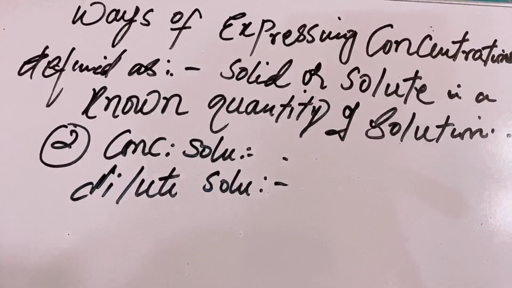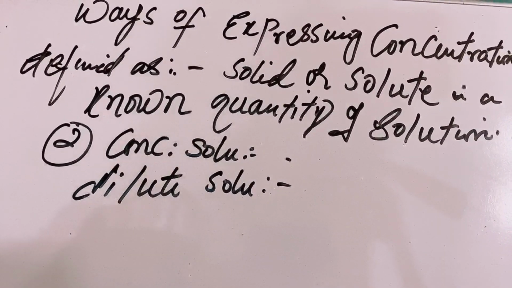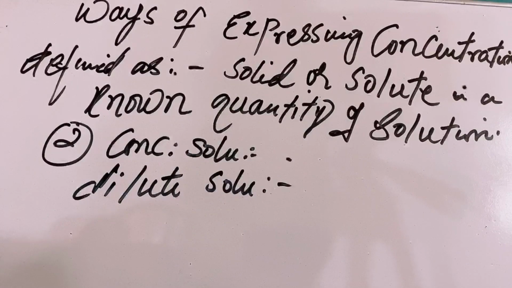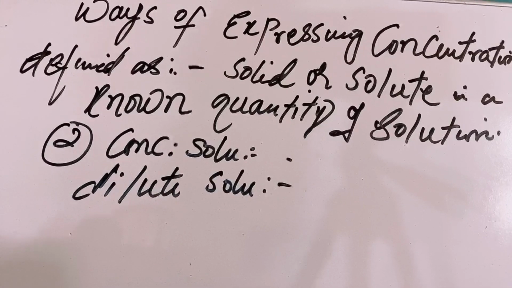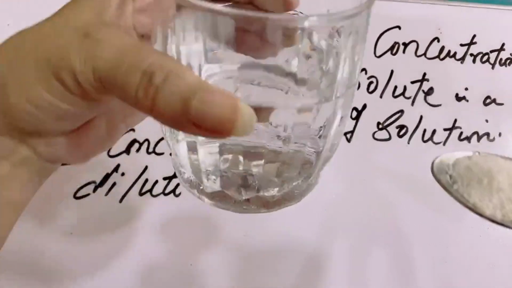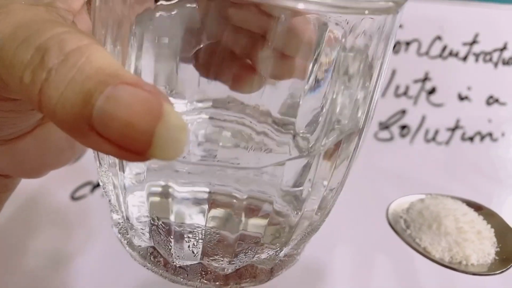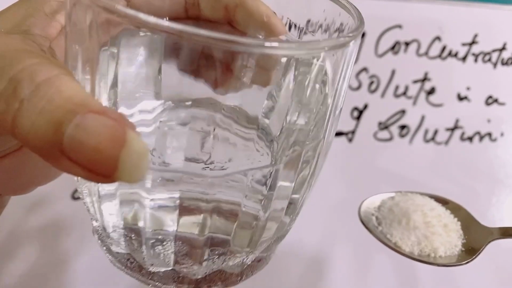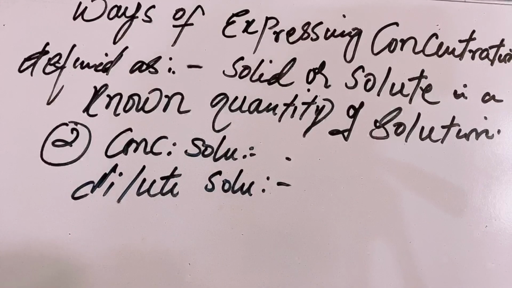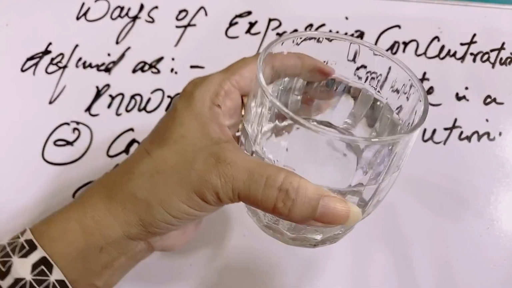Now, I'm going to make the dilute solution because, as I just mentioned, a concentrated solution is relatively something that has a very huge amount of dissolved solute, whereas the dilute solution has a very small amount of dissolved solute. So let's take the glass, see how clear this glass is. It has no turbidity, no cloudiness. So now I am going to make a dilute solution, as I was just mentioning.